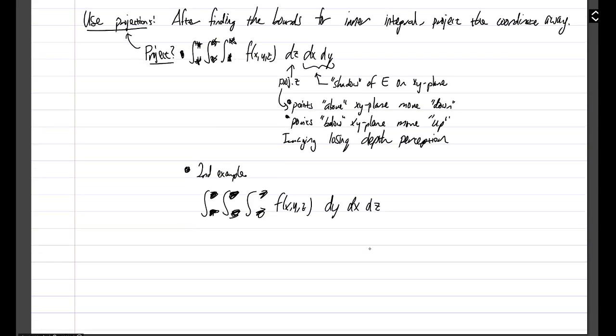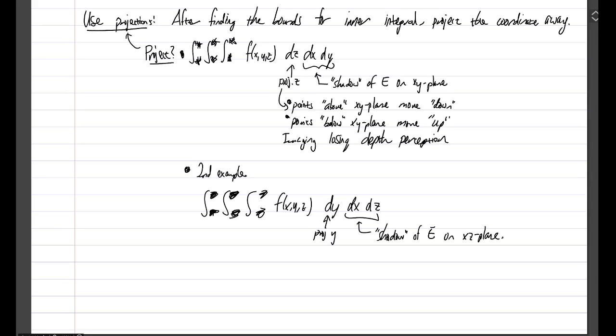Then what you have to do is project. After you figure out the bounds for y, what's your y min and y max, which may depend on x and z, then you have to project in the y direction, meaning you're going to create a shadow of the three-dimensional region E that you're integrating on the xz plane.